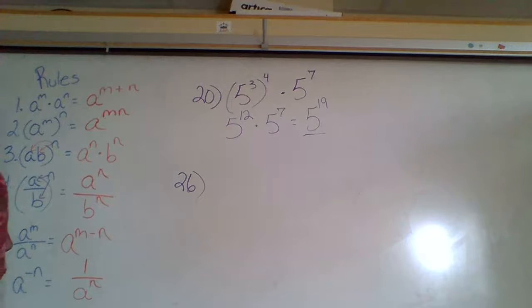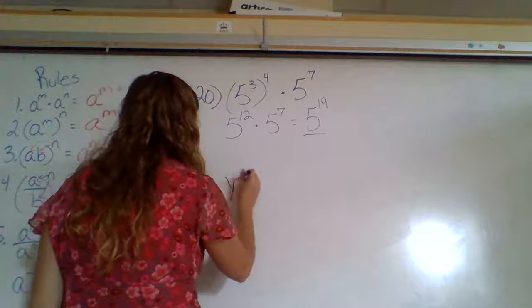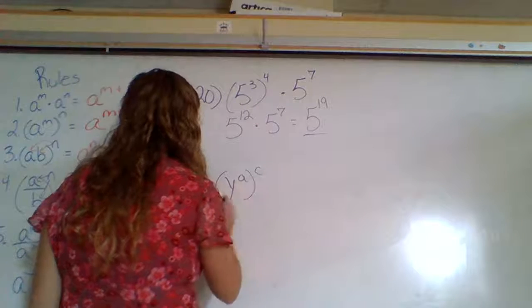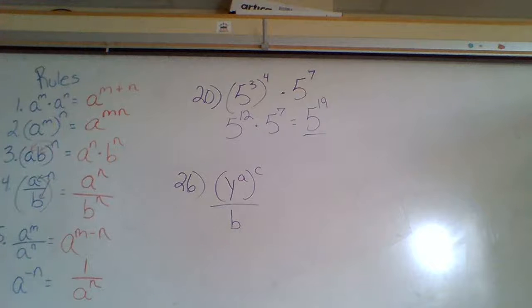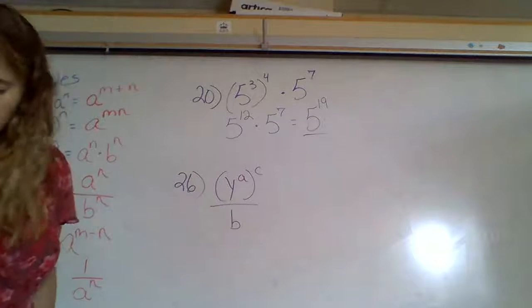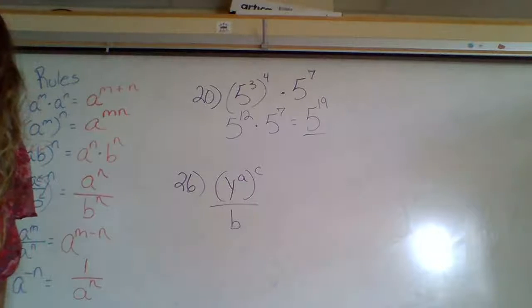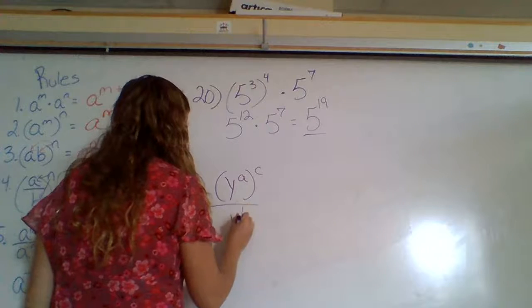Yeah, Y to the A to the C over B. So it's Y to the A to the C over, wait, over Y to the B, my bad. Over Y to the B. There we go.